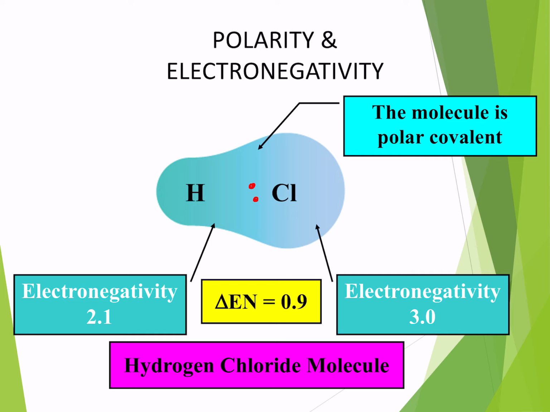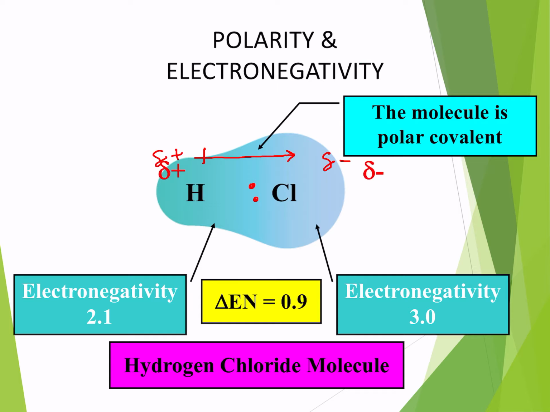So chlorine experiences a partial negative charge, and hydrogen will have a partial positive charge. When we draw the dipole moment, it's always going to go from the positive to the negative. That would be the direction of the polarity, the direction of the dipole moment.